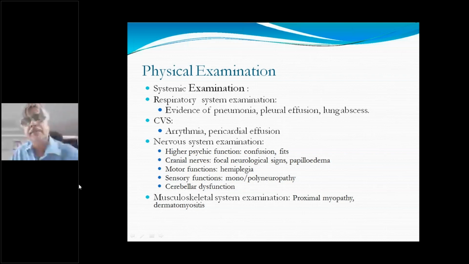Like in case of Pancoast tumor, there you have mononeuropathy or polyneuropathy. Mononeuropathy will occur because the patient will develop pain in the left arm, left upper arm, and sometimes the left lower arm, because of C8 and T1, the distribution of C8 and T1. Cerebellar dysfunction will be there, myositis, dermatomyositis may be there.